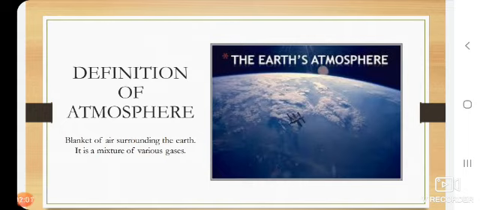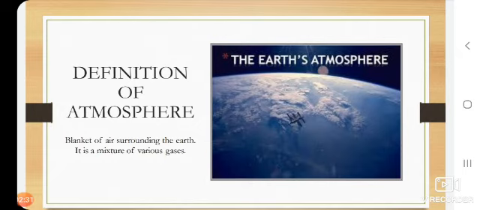Can you tell me some examples of gases existing in the atmosphere? Oxygen, nitrogen, and so many other gases like helium, hydrogen, water vapor, carbon dioxide. All these exist in the atmosphere.